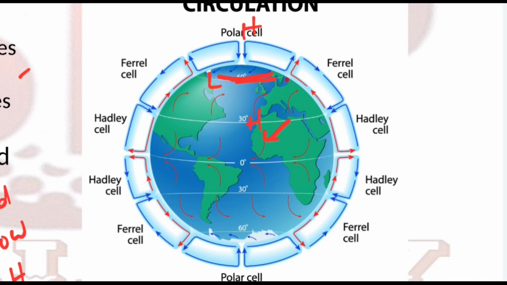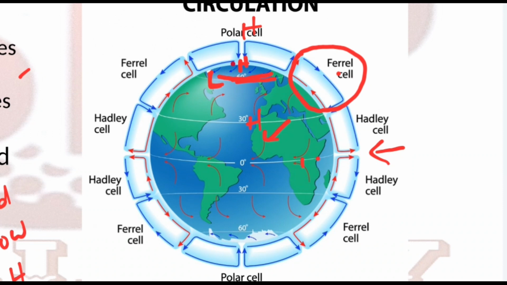Now see this cell. This is actually not formed by a thermal or heating process. First, we see in the Hadley cell, because of heating, air will rise here and then descend here. Then at the polar region, this is your high pressure and this is your low pressure region.